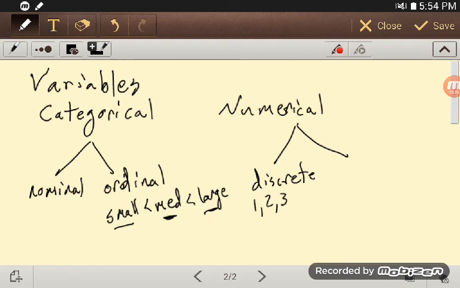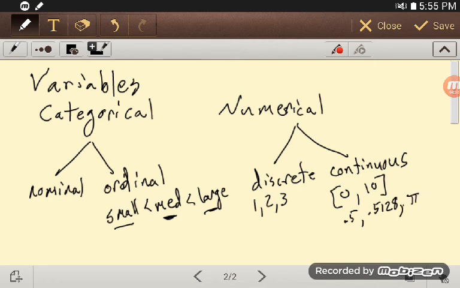Then, besides discrete, we could have continuous, and so continuous would be intervals. So for instance, the interval from 0 to 10, something like that, which would include numbers like 0.5, 5.128, and so forth.